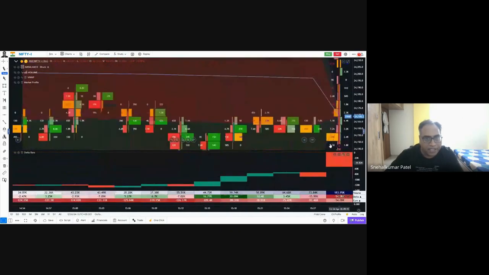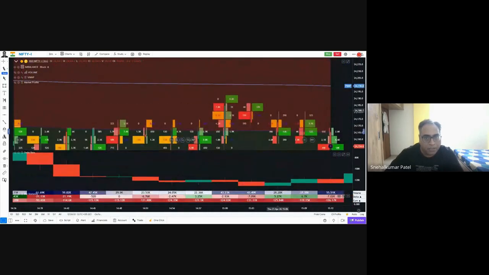I can't find an example right now, but the trapped buyers and trapped sellers example that I showed is probably how you identify what institutions are planning to do.